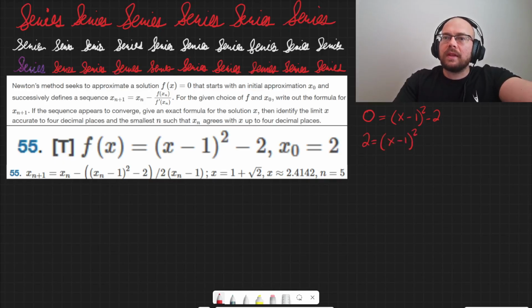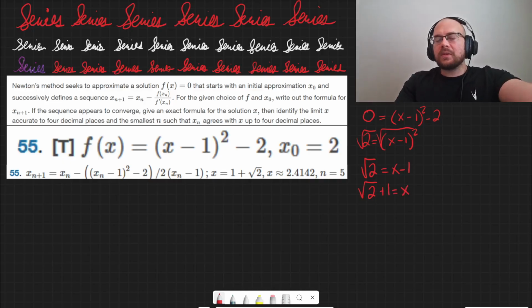So that's going to be that. Take the square root. This is going to be plus or minus, but since x sub 0 is 2, I'm assuming it's probably going to be the positive version. So I'm just going to leave this as a positive square root of 2, I think. So we're just going to write this as the square root of 2, and then we would add 1 to that.